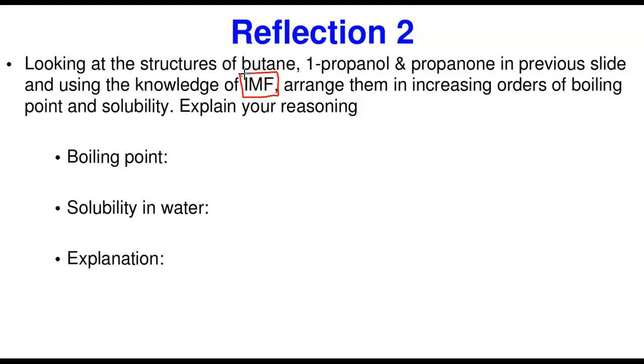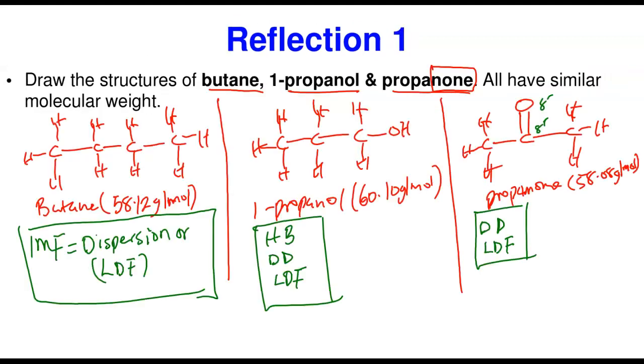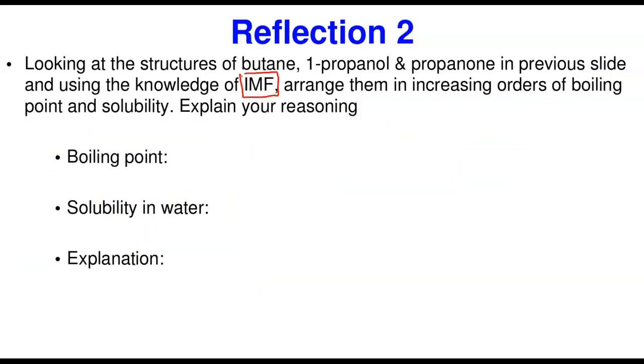Explain your reason. So we're going to arrange it in order of boiling point. Remember, I told you, boiling point, BP, increases as the strength of the IMF increases.